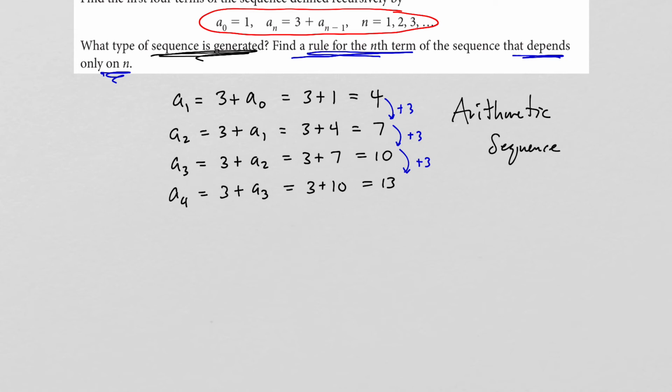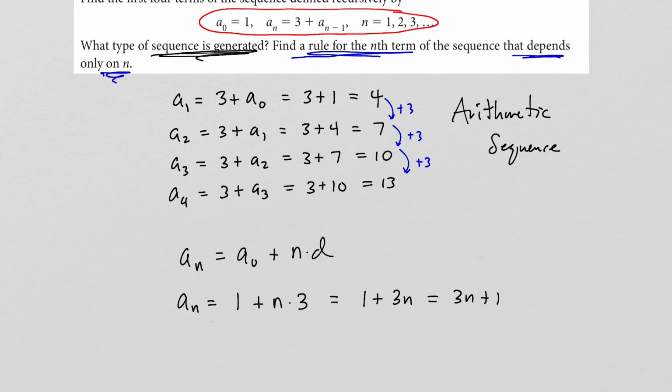We should remember that an is equal to a naught plus n times d. So an is going to be a naught, which is the first term, which in this case is 1, plus n times the common difference, and the common difference in this problem is 3. So this is 1 plus 3n, or you can write that as 3n plus 1.